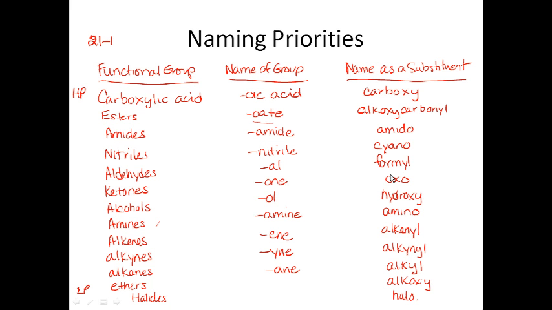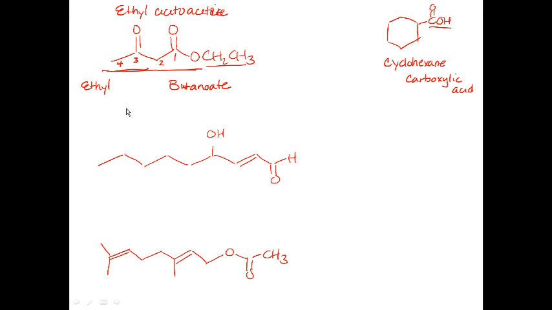So what this would actually be called is ethyl 3-oxo butanoate. And so it's the ethyl ester of butyric acid, and it has an oxo group, meaning a keto group at carbon 3. So its actual IUPAC name would be ethyl 3-oxo butanoate.